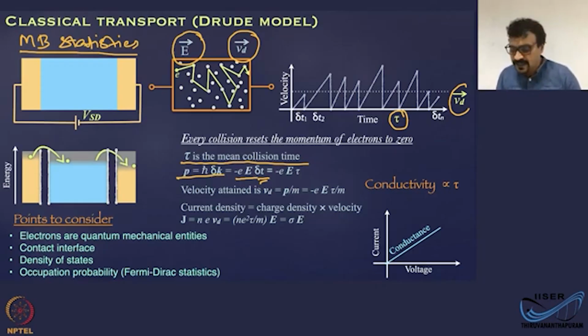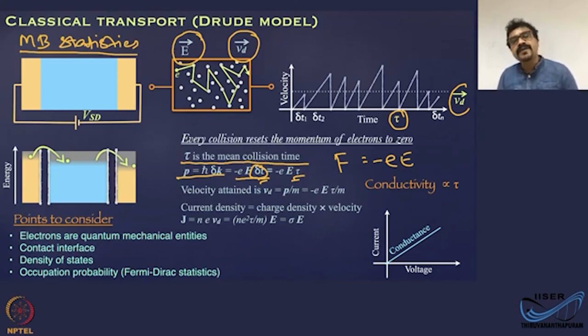Okay, so over delta t time there is a force F, that is F equals minus e into E. But the average delta t is tau. So what that means is the average momentum each electron has is something like minus e E tau. That's what it is. And the velocity attained is p by m, that is minus e E tau by m.